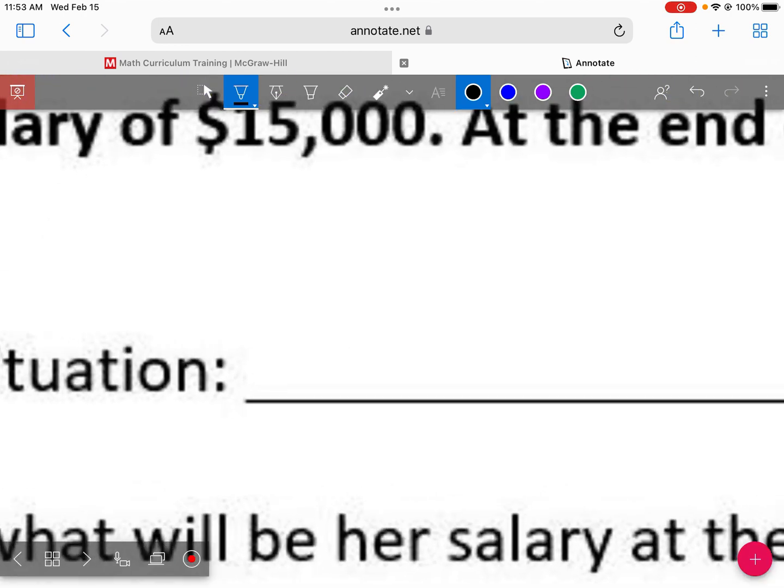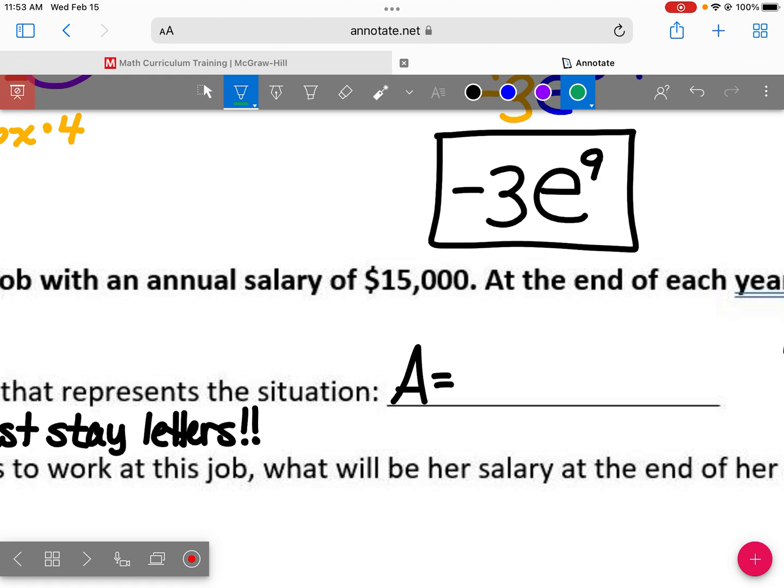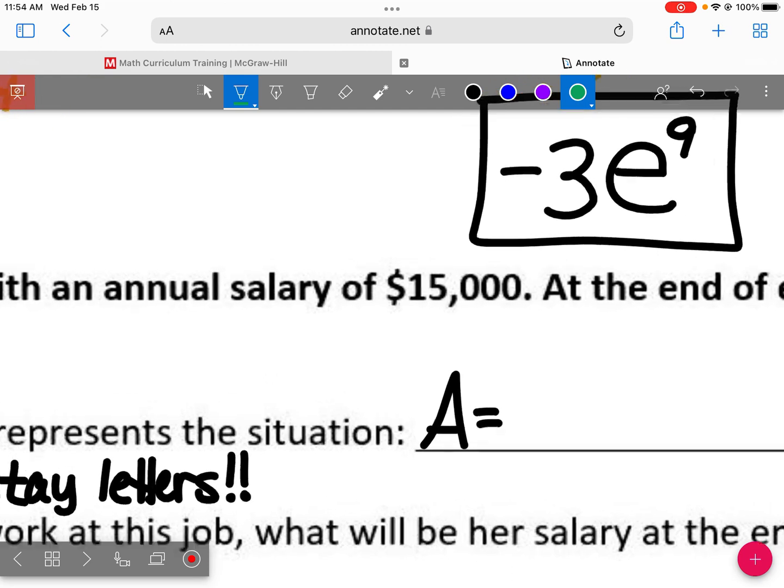All right, so I start my function rule with A equals. What do I put after the equal sign? Yep, a P value. What is our P value here? 15,000.